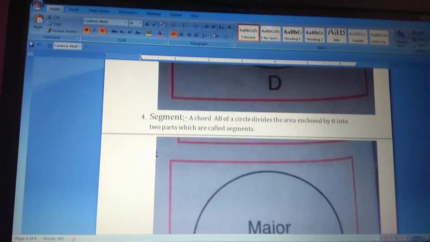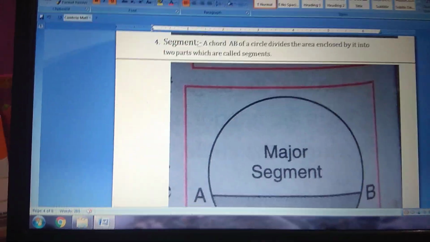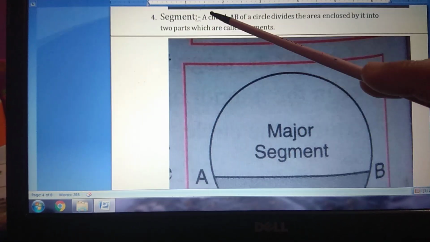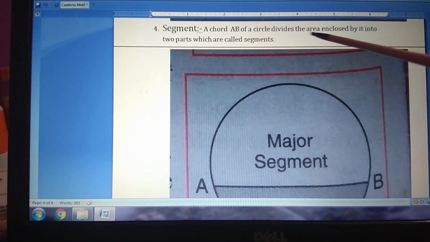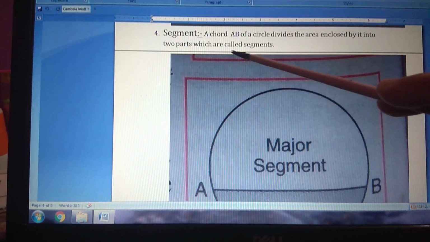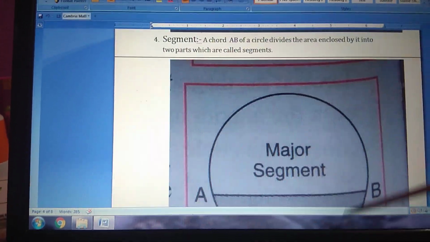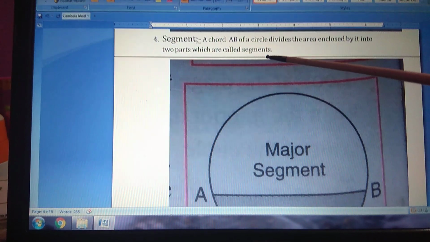Then comes segment. Previously we have learned about chord. So how is a segment defined? Have a look. A chord AB of a circle divides the area enclosed by it into two parts. So a chord divides the circle into two parts, which are called segments.